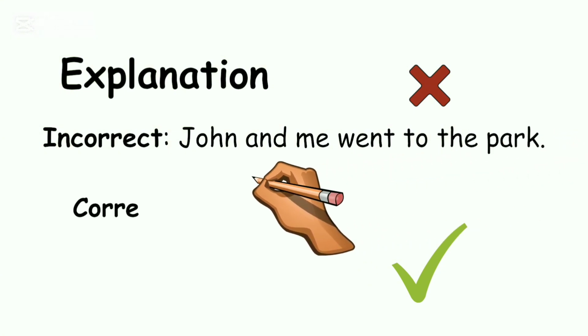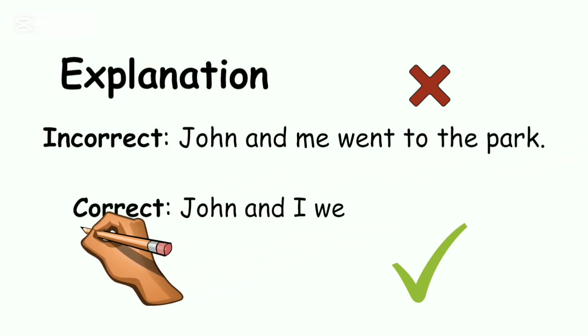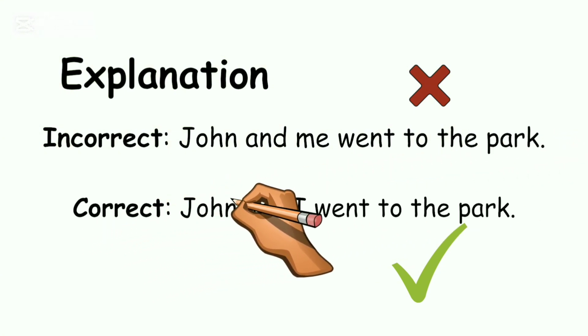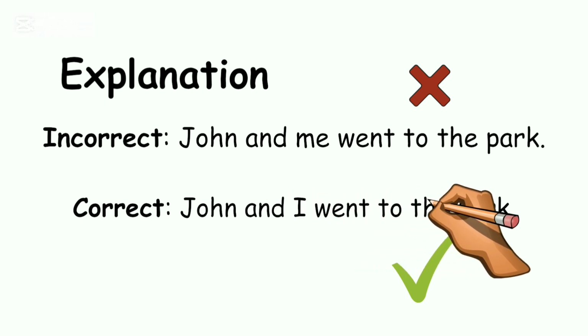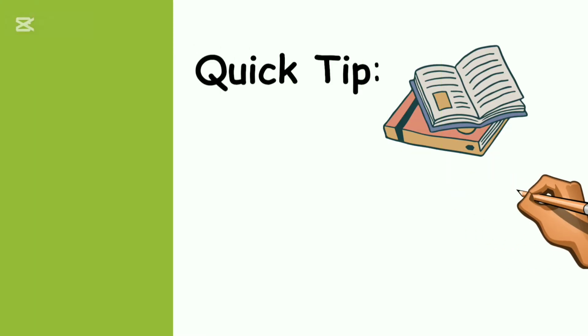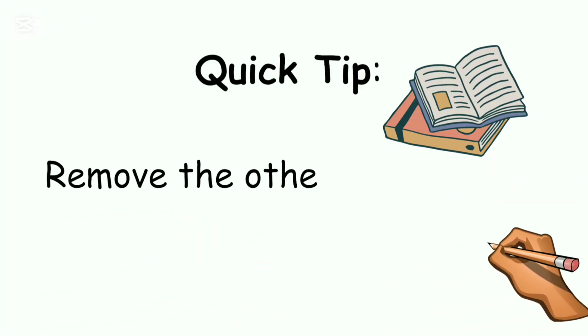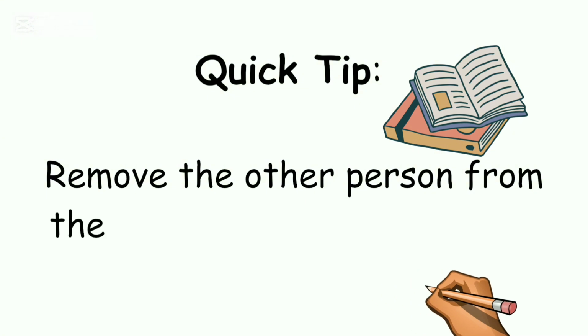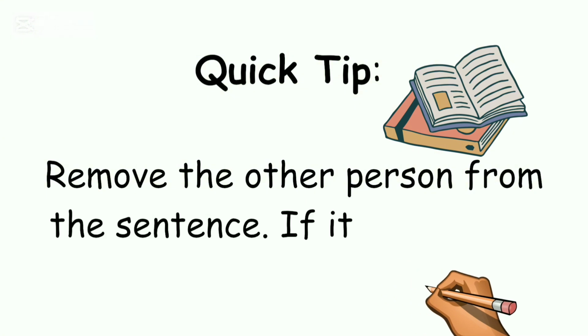The correct version is, John and I went to the park. A simple trick is to remove the other person from the sentence. If it works with I, then you're using it correctly.